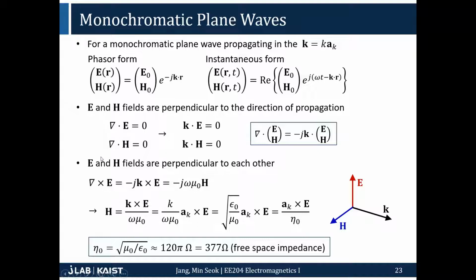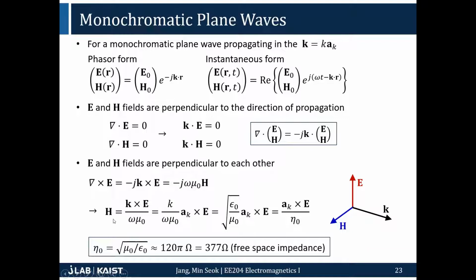And then E and H are perpendicular to each other. Again, if you apply this equation, then curl of E is actually negative jk cross E. And then this is the right-hand side of the equation.